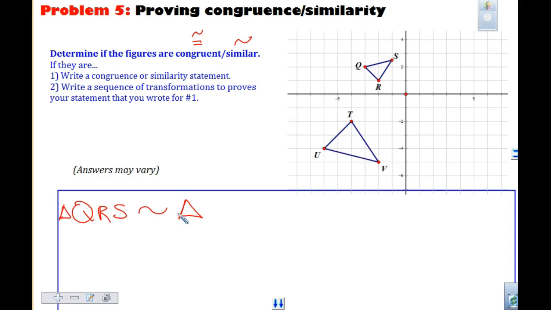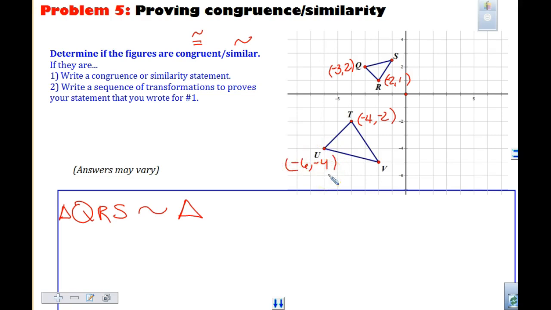So R is at 2, 1. Q is at 3, negative 2, 1. Negative 3, 2. T is at negative 4, negative 2. U is at negative 6, negative 4.